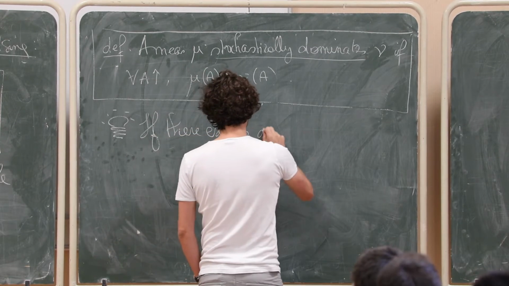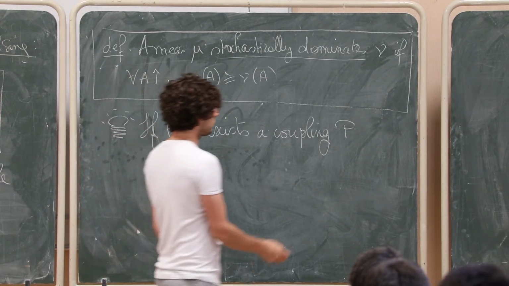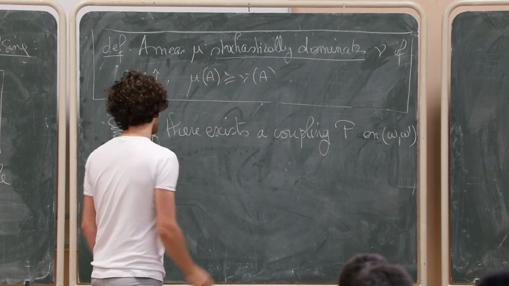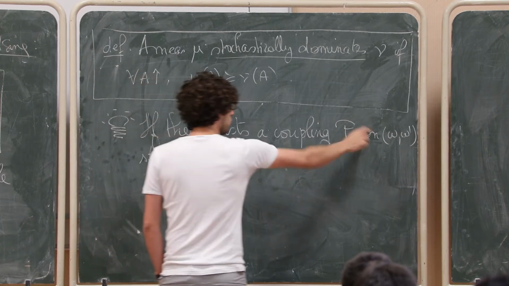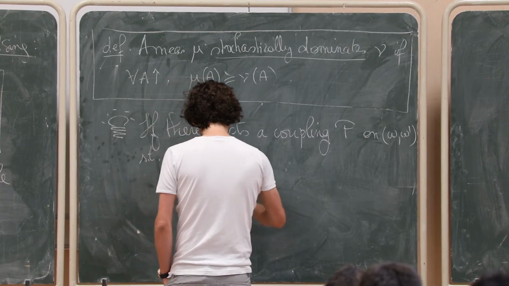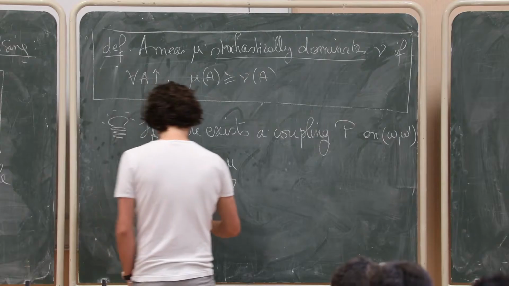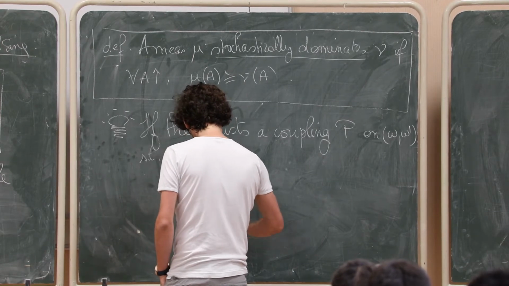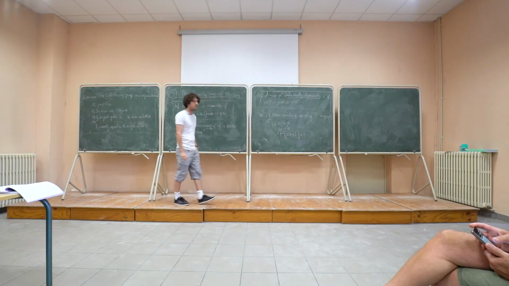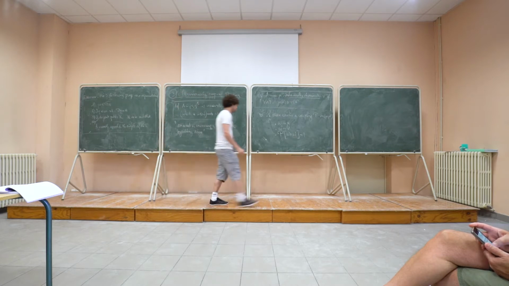If there exists a coupling P on pairs of configurations such that the first configuration is sampled according to mu, the second according to nu, and that systematically the first one is larger or equal to the second one, if you have such a coupling, then automatically mu dominates nu.